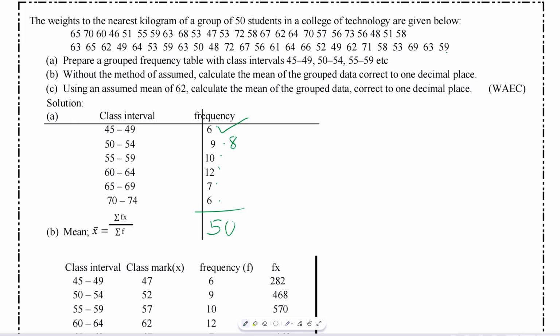Let's count 55 to 59 now. 55 to 59. The answer there says 10.